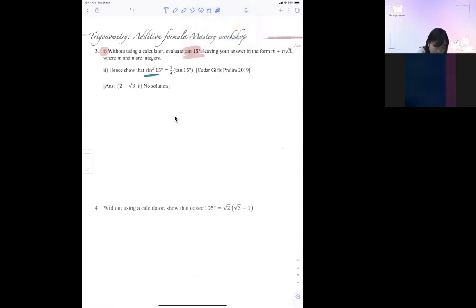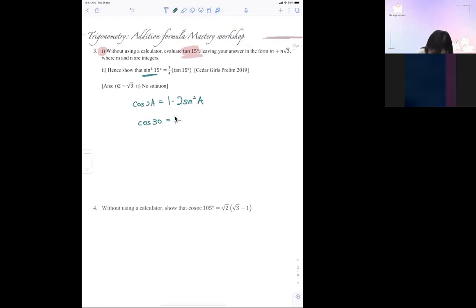So what you can do is we can use cosine double angle formula. Can you remember cosine 2a is 1 minus 2 sine square a, right? So cosine 2a will be cosine 30, if a is 15, so is 1 minus 2 sine square 15.